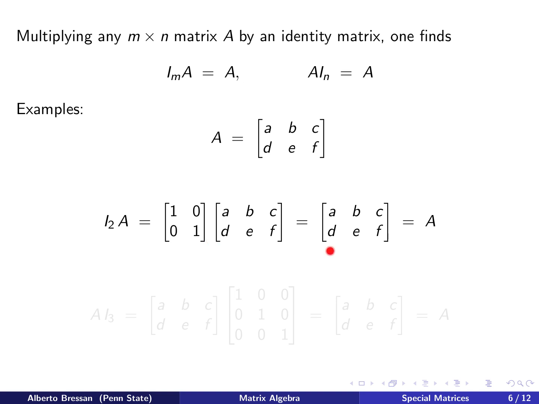So what is the result? Well, first row, first column, you get a. First row, second column, you get b. First row, third column, you get c. And then second row, first column, you get d, and so on and so forth. And you see that this is exactly the A matrix.